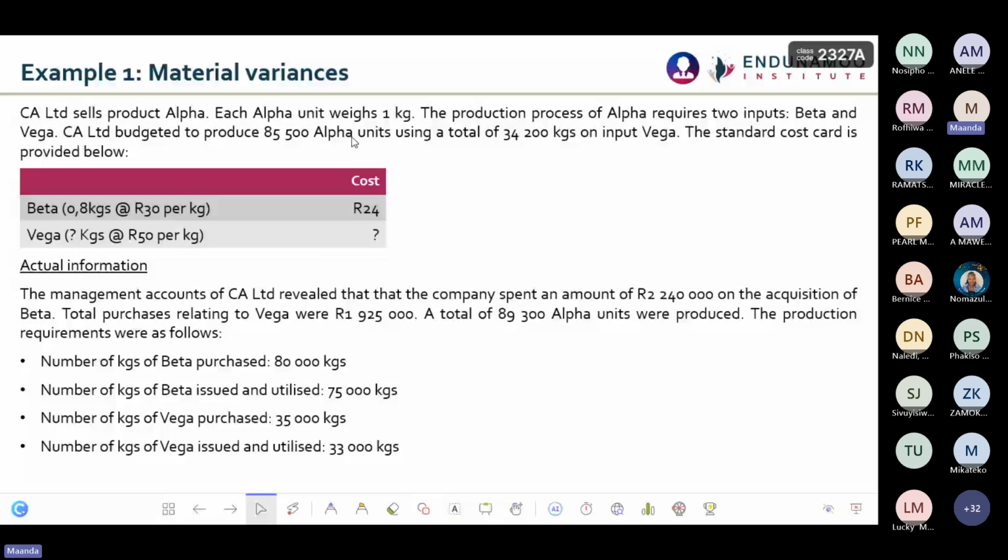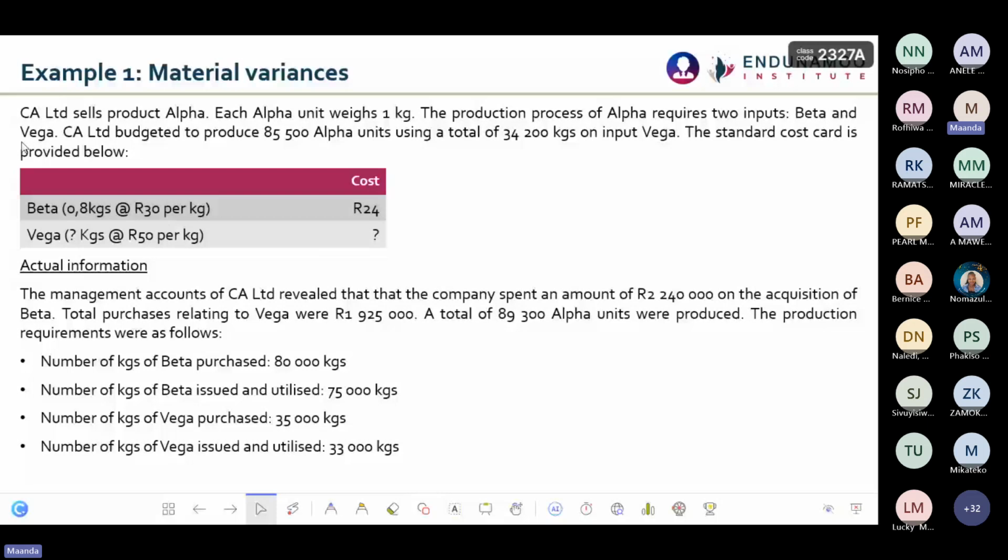So 1 unit weighs 1 kg. The production process of alpha, the unit we are producing, requires two inputs. We need beta and we need Vega.